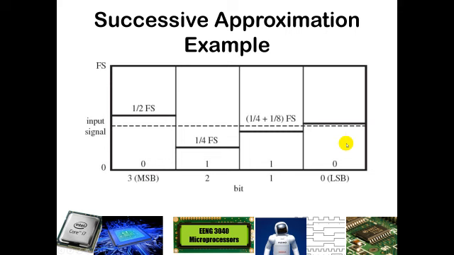We see that we do not meet the threshold for that with our remaining voltage. We've already represented 1/4 plus 1/8. In order to get all the way to 1/4 plus 1/8 plus 1/16, our signal would have to be above this solid black line, and it's just slightly below, so we would put a 0 there. And this process will continue all the way through until we get through all of the bits that we have.